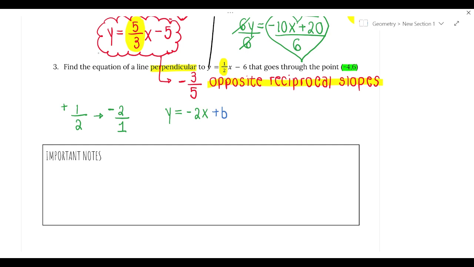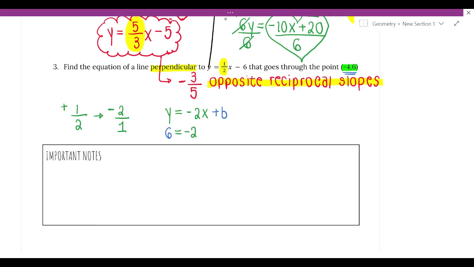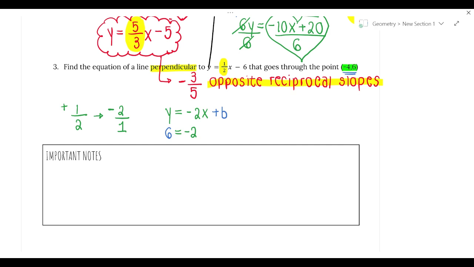And what we're going to do here is we're going to plug in the values negative 4 comma 6. So wherever we see y, we're going to plug in a 6. And wherever we see x, we're going to plug in that negative 4.